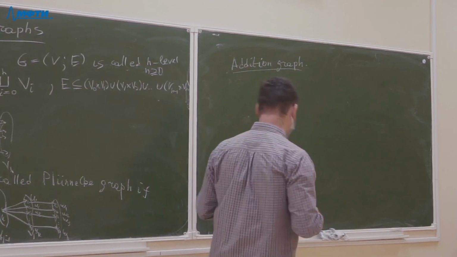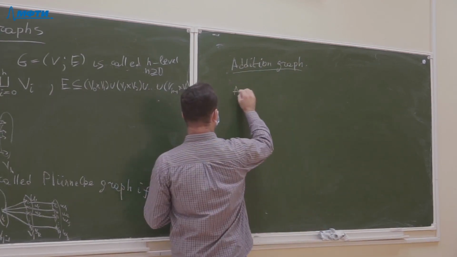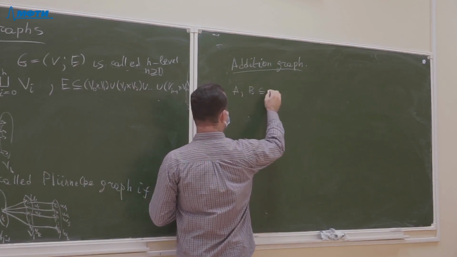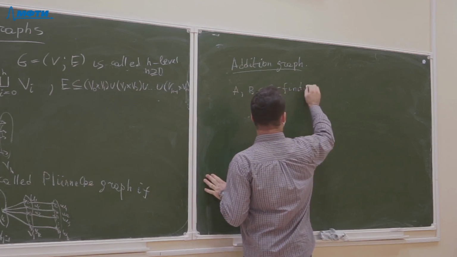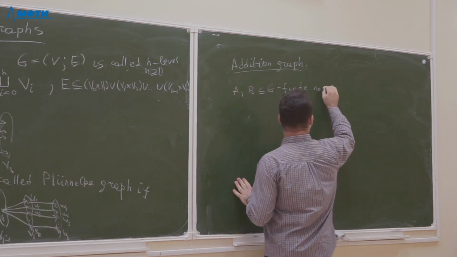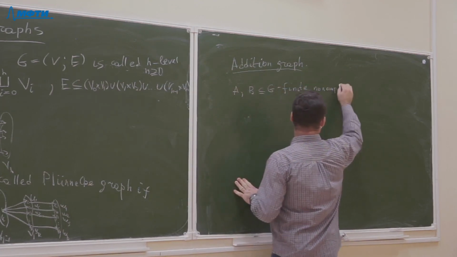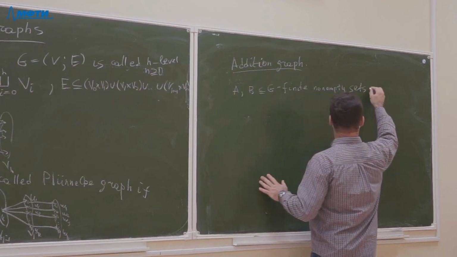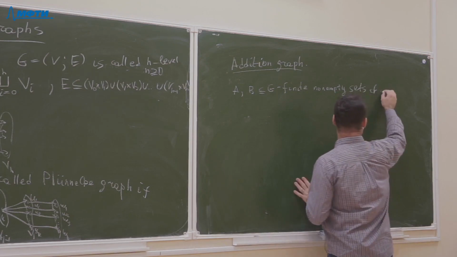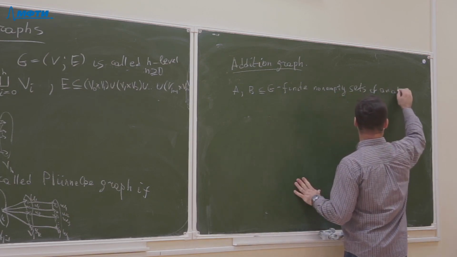Well, what is this? A, B, subsets of G, finite non-empty sets of an abelian group G.